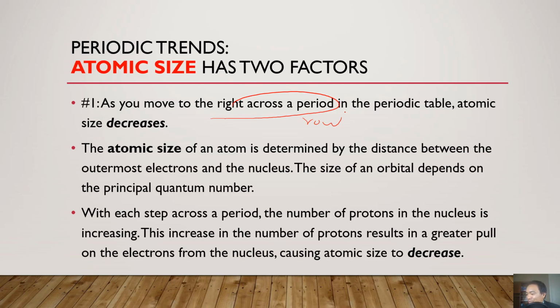In the same column, it increases from top to bottom. So if you have a periodic table which looks roughly like this, from left to right the size decreases, and from top to bottom it actually increases in atomic size. That's the first trend.